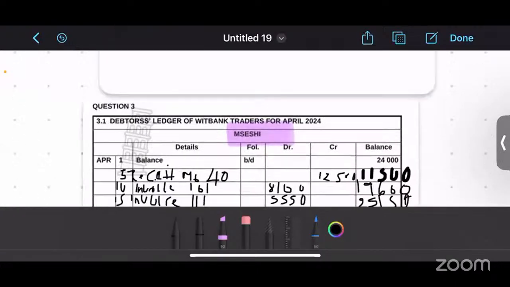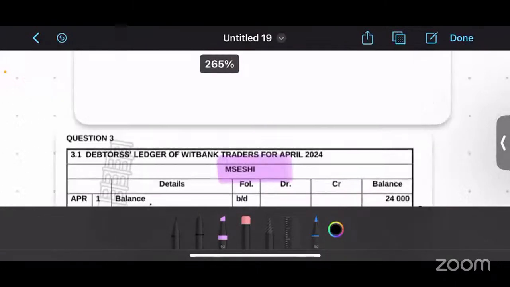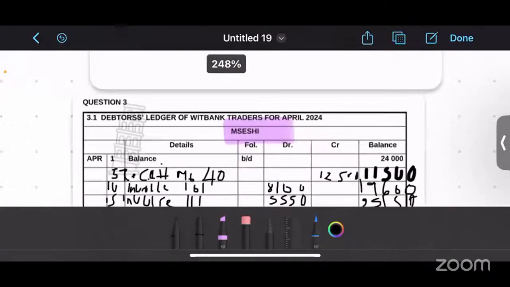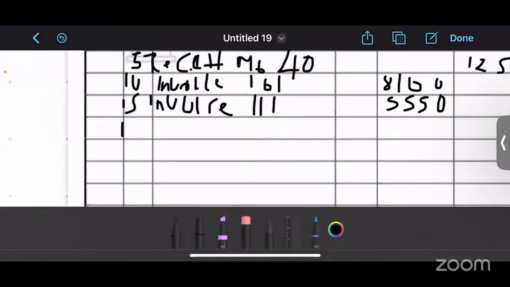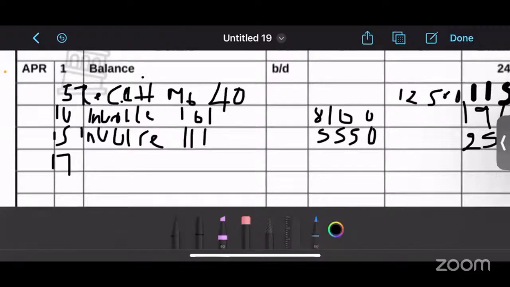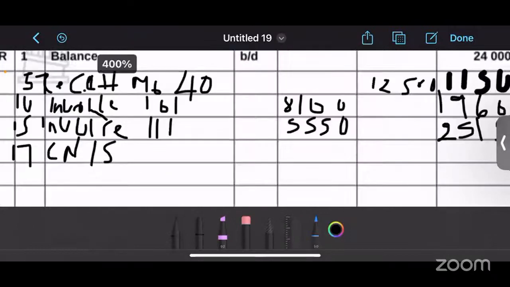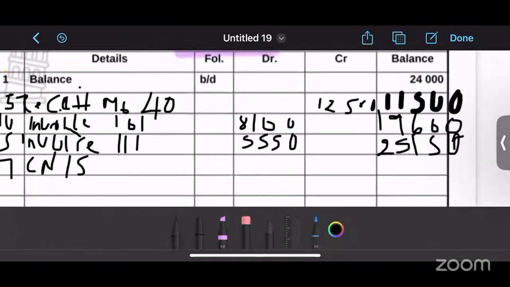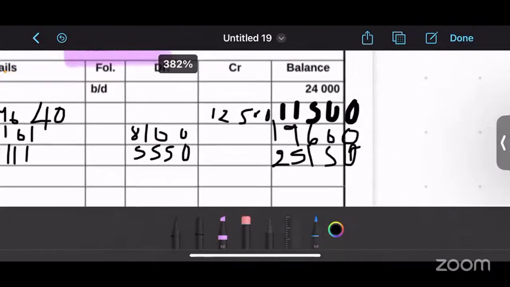So for this one, we're going to have 17. And this is a credit note. So it's going to be CN15, credit note number CN15. And then are we debiting it or are we crediting it?